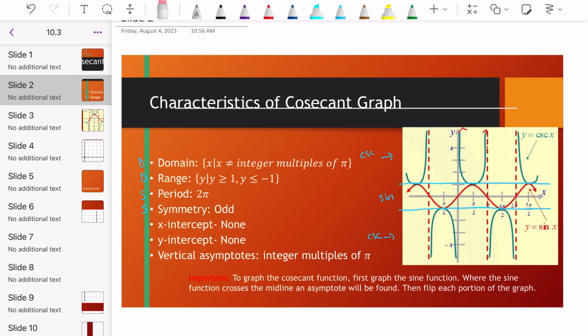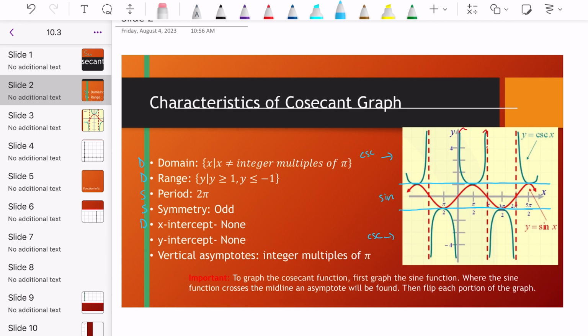For the x-intercept, it would be different. In this case, you will not have an x-intercept, and the main reason for that is because, remember, everything in between the lines occurs with sine. Your cosecant will remain on the outside, meaning above 1 and below negative 1. So you're never going to have a chance to touch that x-axis.